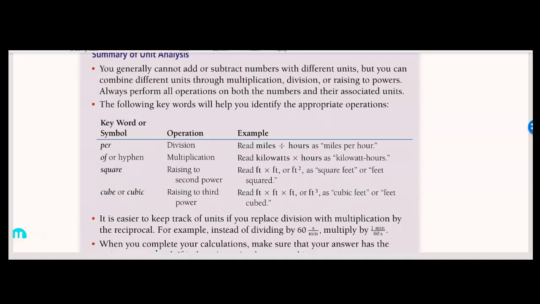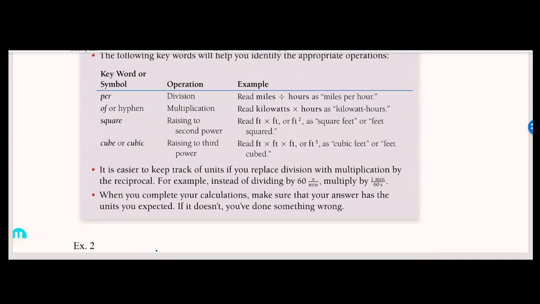Remember in the very last section of our critical thinking, we were looking at paper towels, and we wanted to see how many sheets, right, price per sheet. So we took the price divided by sheets. When you see the word of, we're usually talking about multiplication, raising something to the square or to the cube. These are just keywords to look out for when we are doing various word problems because we're going to be doing a lot of them.